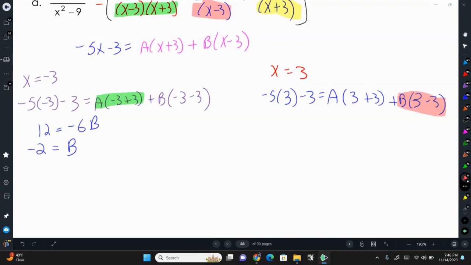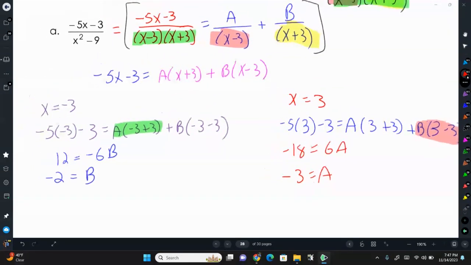This is going to equal 0. So we have -18, because -5 times 3 is -15, minus 3 is -18, equals 6a. Divide both sides by 6, and we get -3 is equal to a.